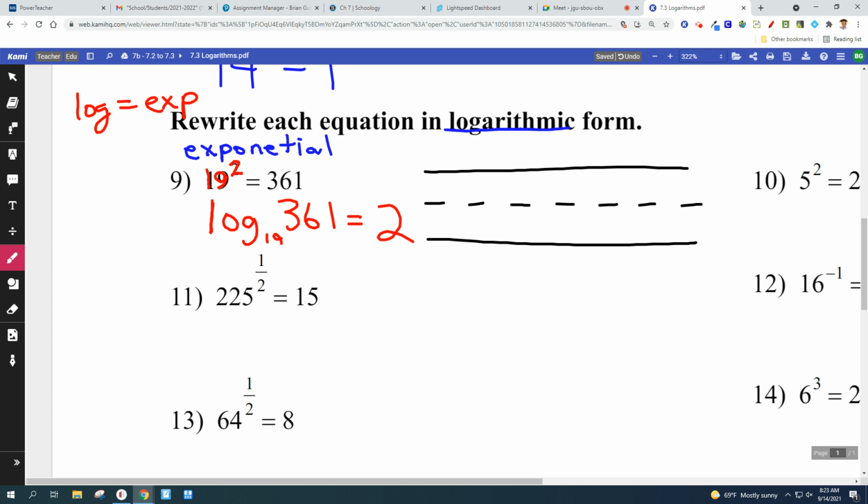Or is it just me back in the olden days? So if I was going to write this, the L and the O and the G, and then the base 19 is going to be little bitty right there. And then the 3, 6, 1. So pretty much all of those letters and numbers are the same size, except for the 19, which is smaller and lower. That's the sizing. Oh, and equals 2. I forgot that part. Everything's the same size except for the 19.